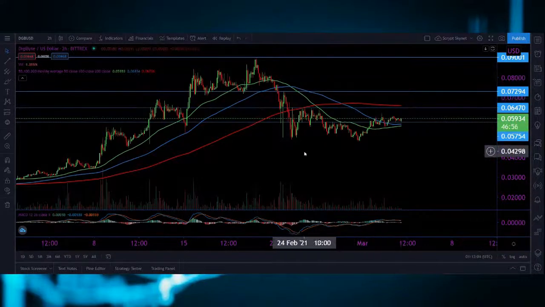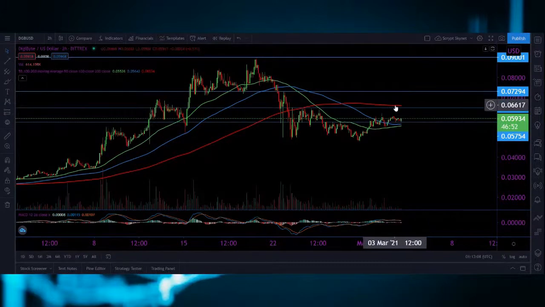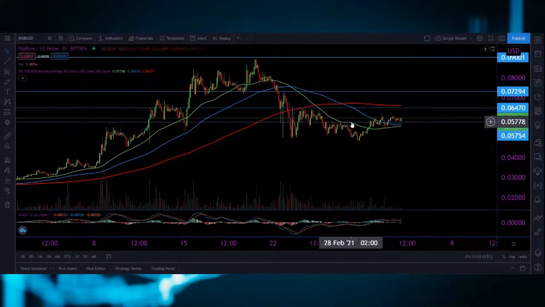Right now, this is the 2 hour. And right now, the 200 is above the price action candles, so we're under that. That's kind of bearish. But what we have here is the candles breaking through the 50 and then the 100.